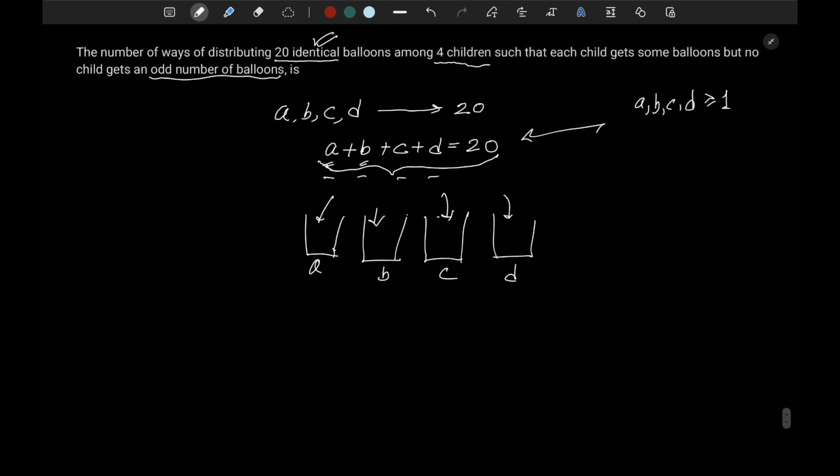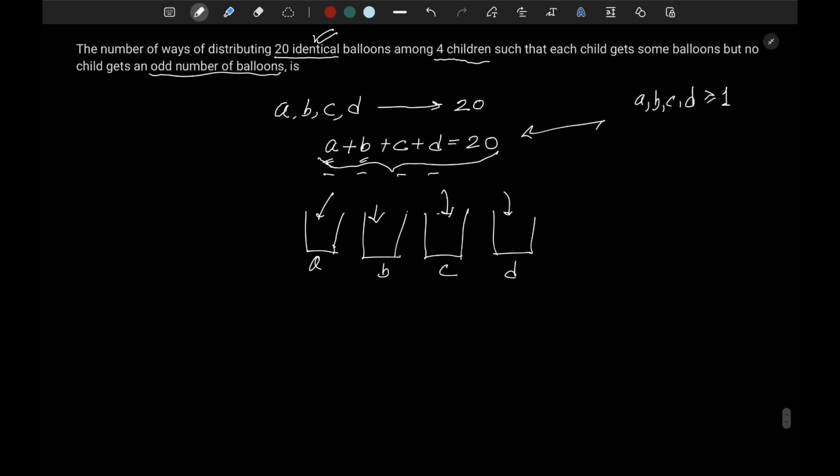So let's generalize this. Let we have n identical objects and we have m buckets. In this question n is 20 and m is 4.